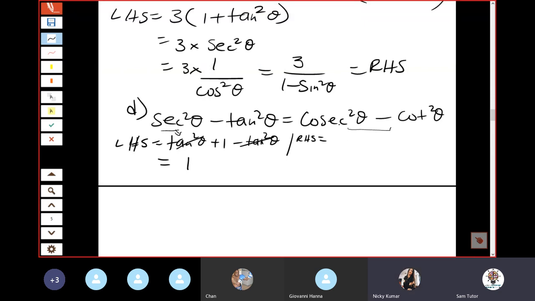So what does cosec squared equal? Cosec squared from the formula above was cot squared theta plus 1. And then what happens in this line? Cot squared theta minus cot squared theta. Cancel them out. What are you left with? 1. Therefore, what? Left-hand side equals right-hand side. So they're both equal to 1.